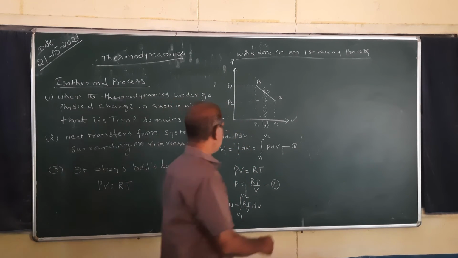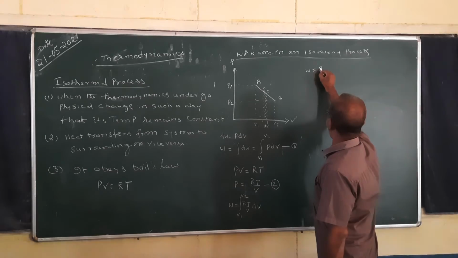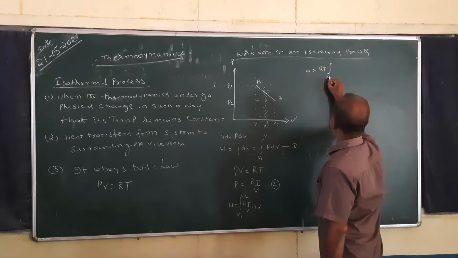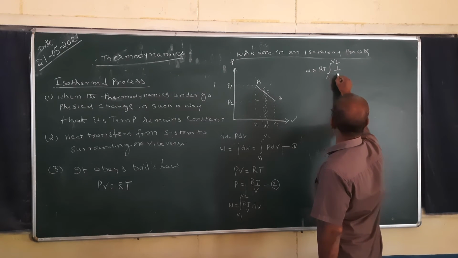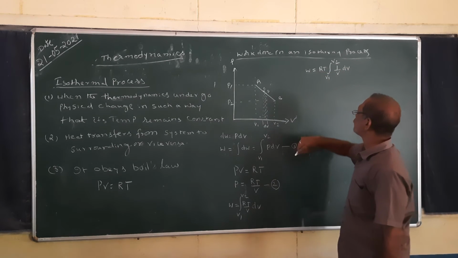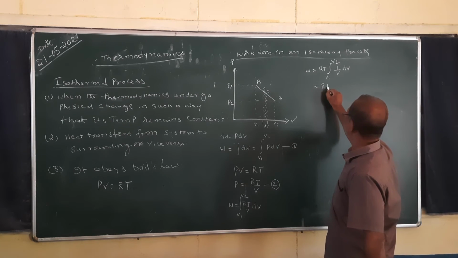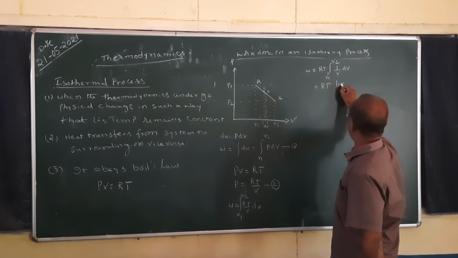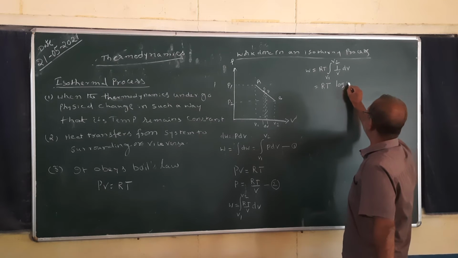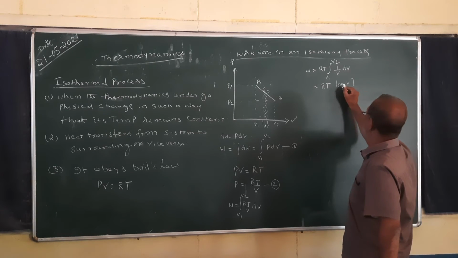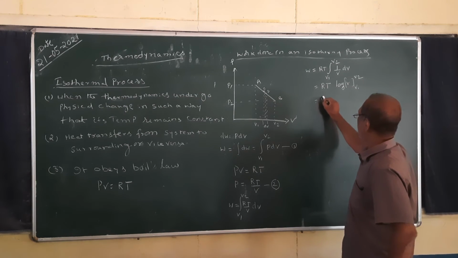Then W is equal to RT integral from V1 to V2 of 1 by V dV. Then if we integrate this, we get RT log V, since the integral of 1 by V dV is log V, evaluated from V1 to V2.